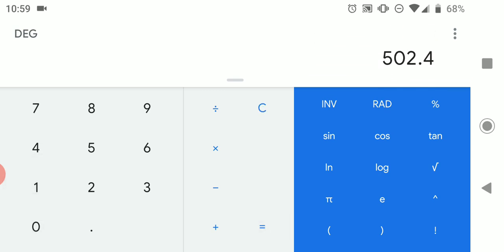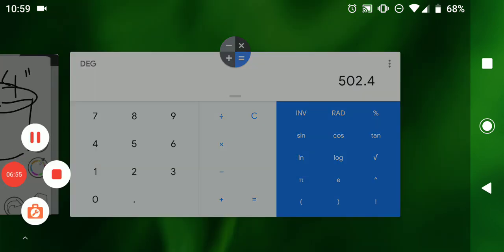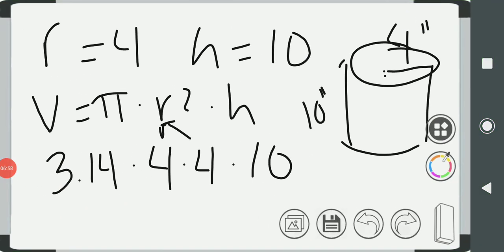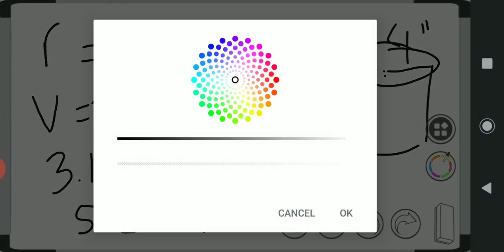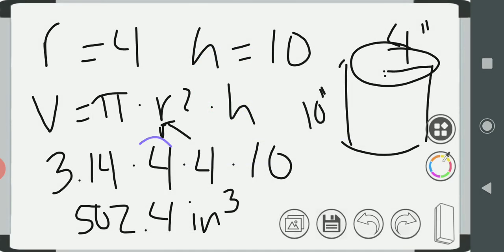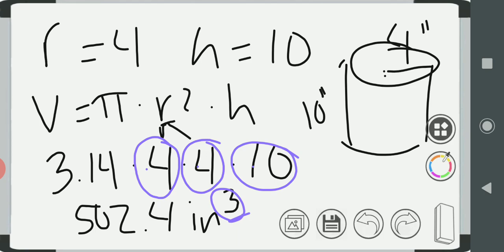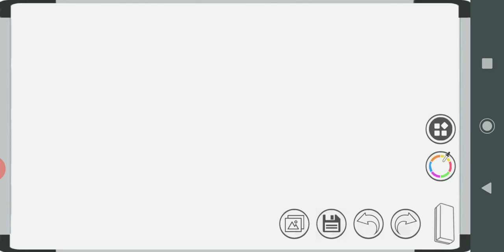That gives me 502.4. Back here, 502.4 inches cubed. It's cubed because we have 3 different dimensions: this is 4 inches, this is 4 inches, and this is 10 inches. 1, 2, 3, and that is why this shows up as a 3.